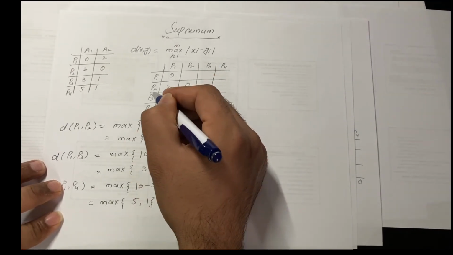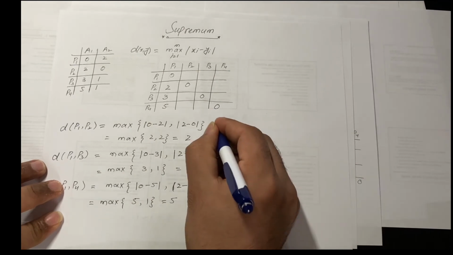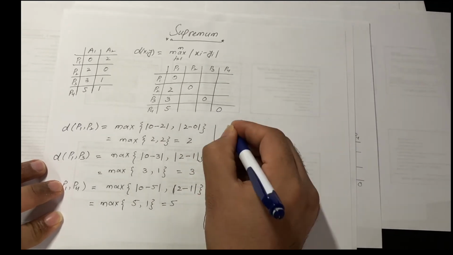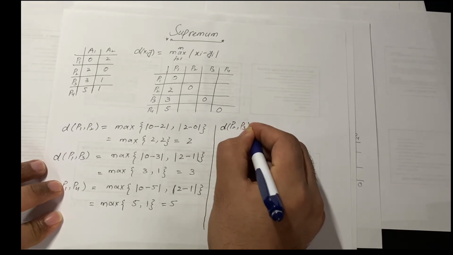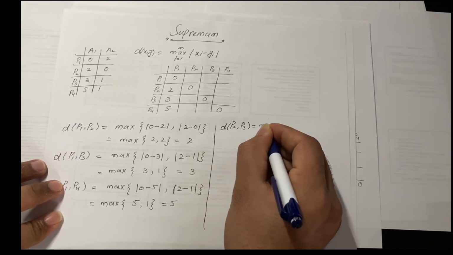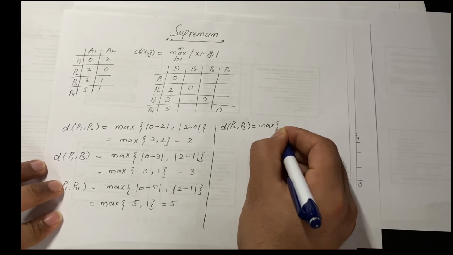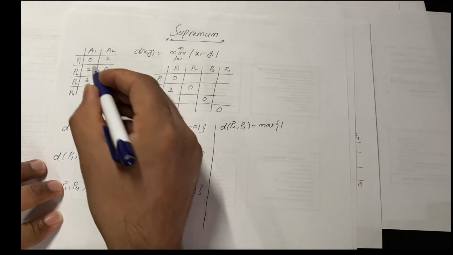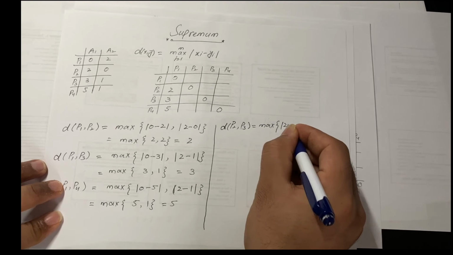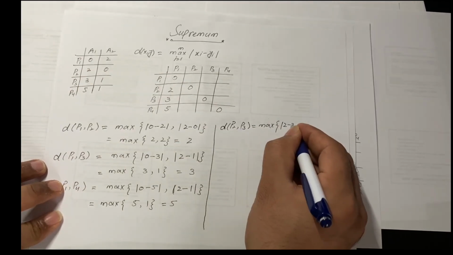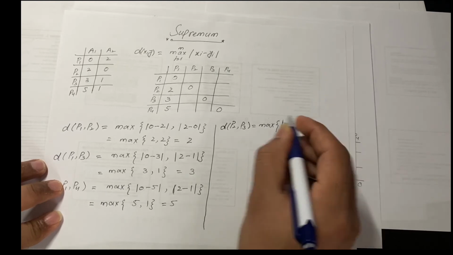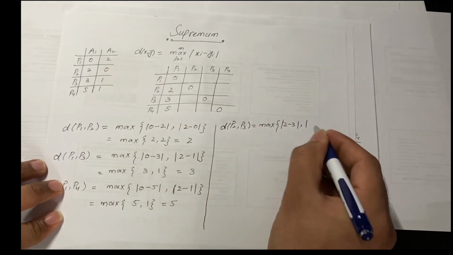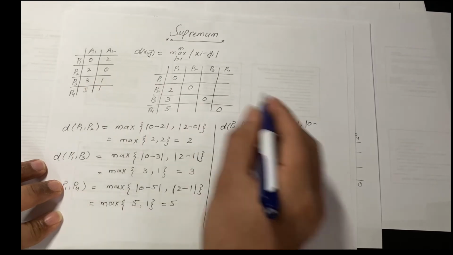Next is P2 and P3. P2 is 2, P3 is 3, 2 minus 3, comma, P2 is 0 minus P3 is 1.